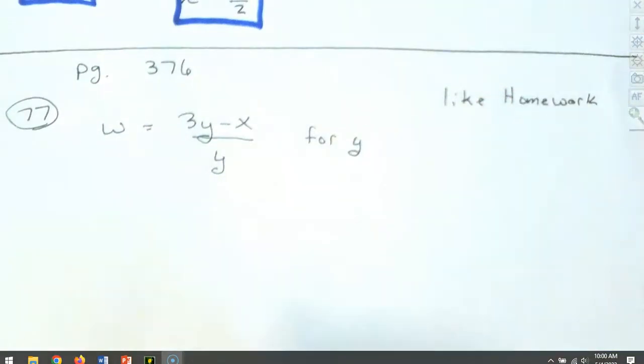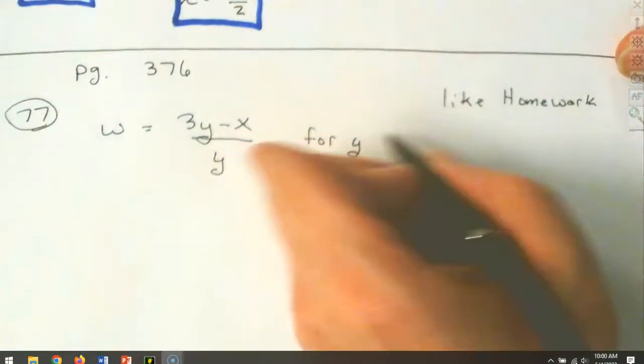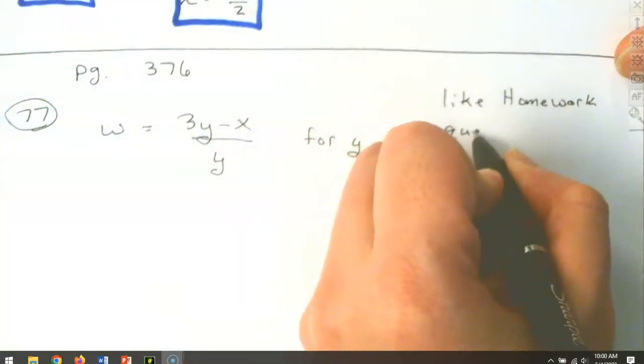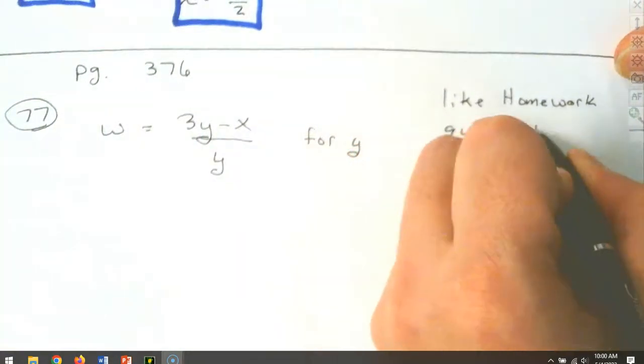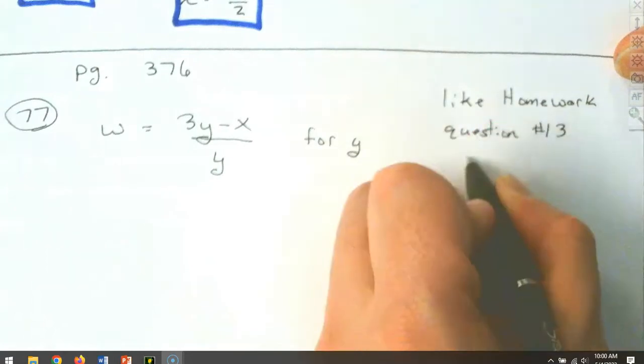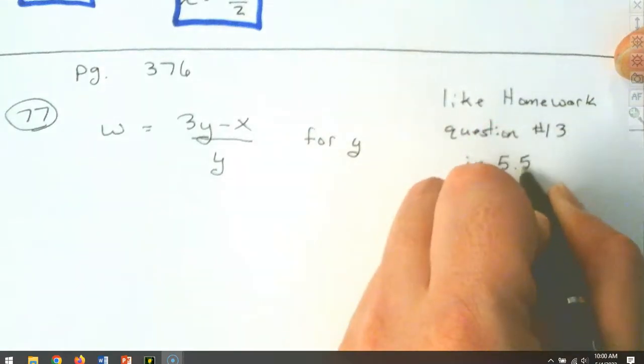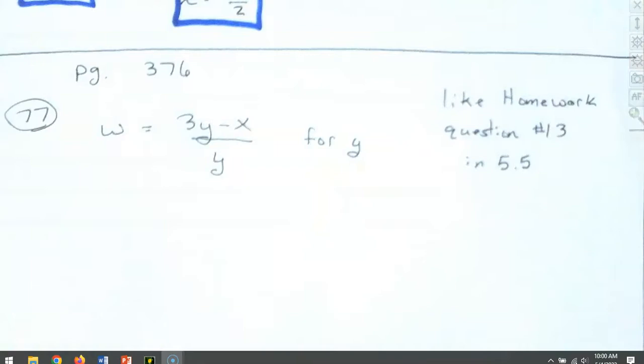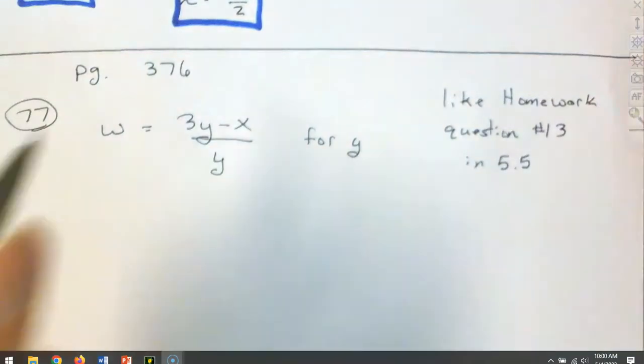Which one is it? It's going to be like question 13 in 5-5. It's just different numbers. Different variables. That's it.